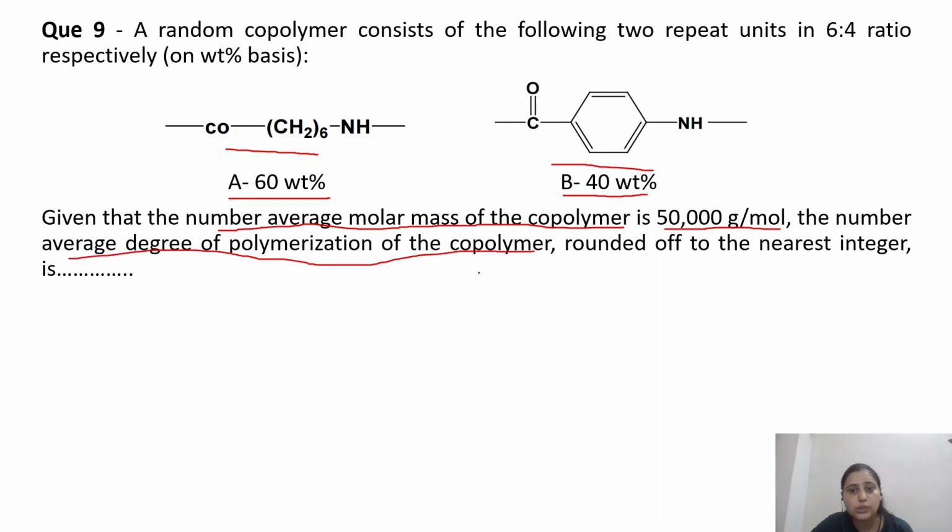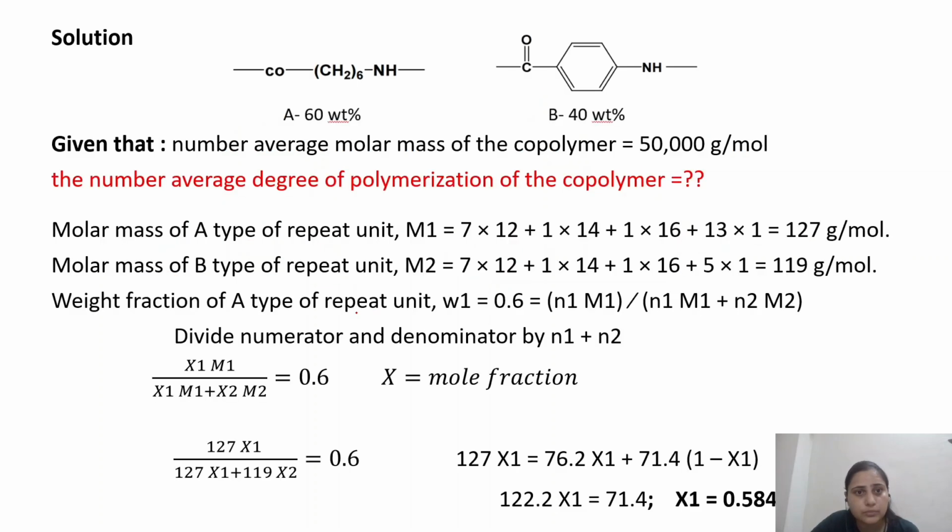It's not given, right? So we need to calculate this. Now let's move to the solution. We know the structure of these two monomeric units A and B, and we know that A is around 60% of the total copolymer, and B is around 40% of the total copolymer.